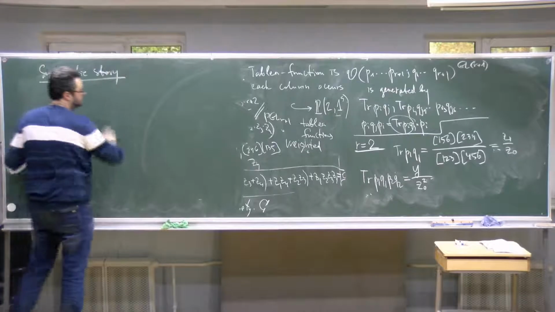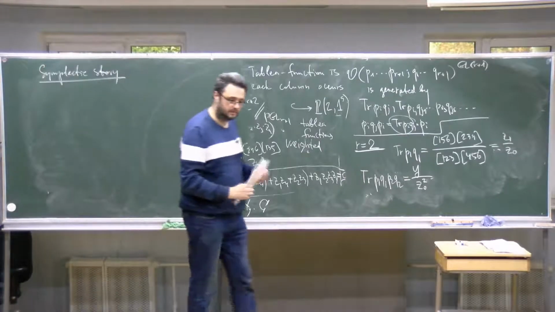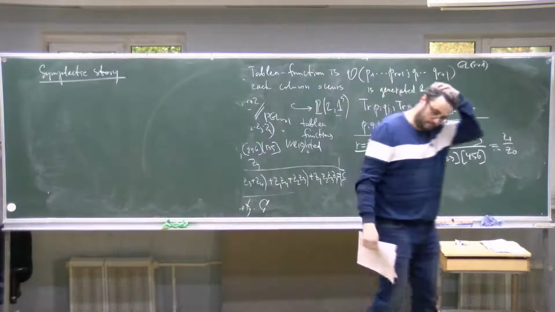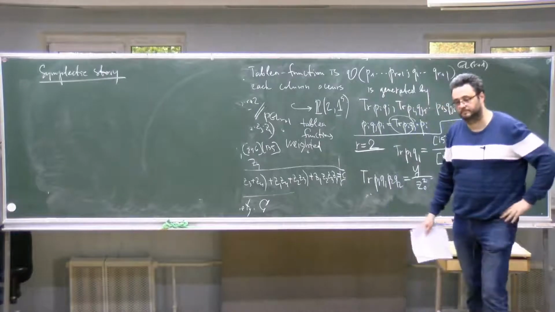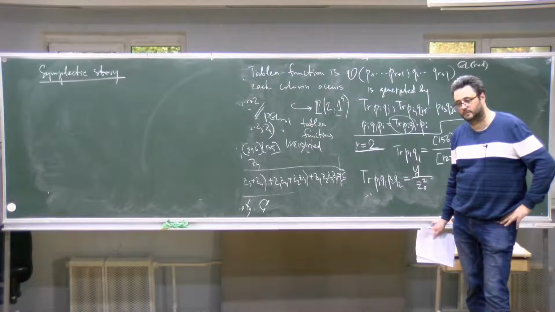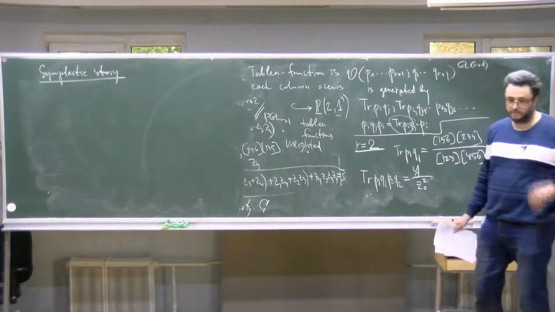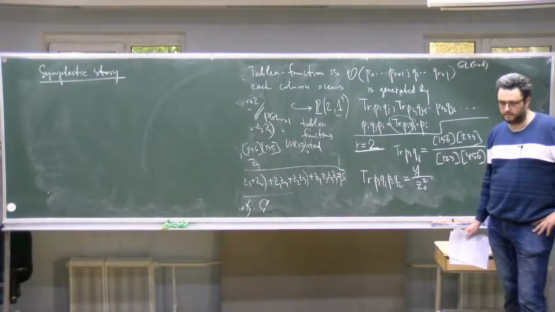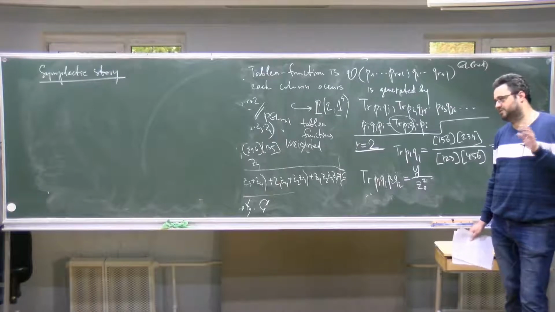Trying to classify MUBs, you can try to classify them using an algebraic geometric approach. We just classified configurations of points in projective spaces. And of course there should be some special properties of these configurations when we pass from generic bases to these MUBs, right?